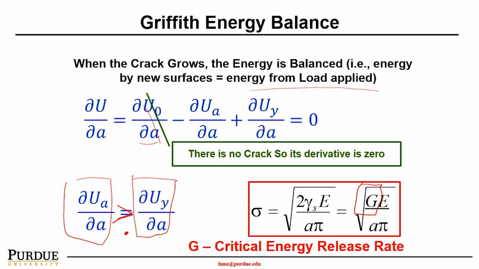If that energy can be released faster, that means the creation of the new surface area is faster, so you can take much more stress. However, if that critical energy release rate is lower, then the material cannot take much.